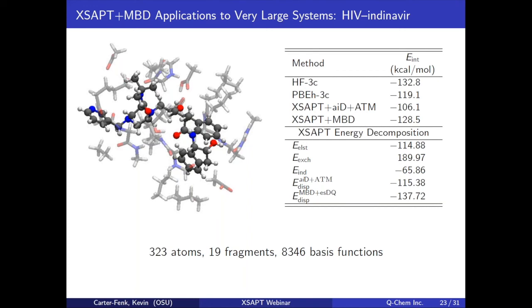The reason for this is that symmetry-adapted perturbation theory breaks down, just as normal perturbation theory would break down, in terms of the perturbation being too large. So a covalent bond is too large of a perturbation.